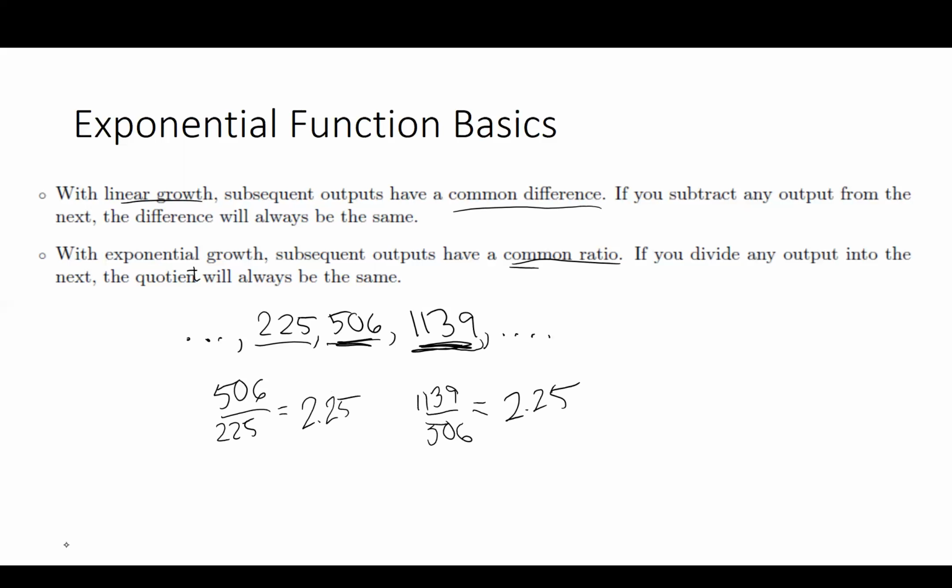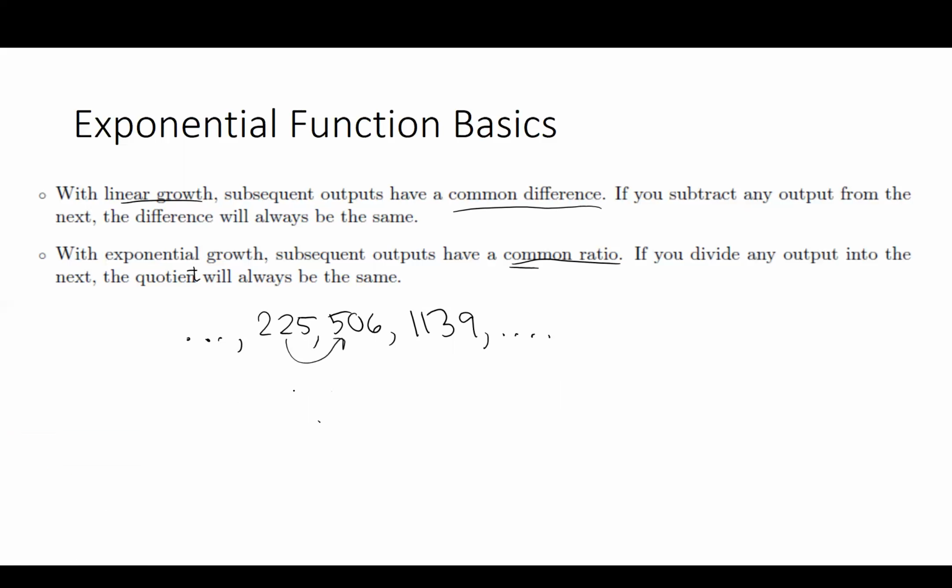So another way you could think about this, and the way that I tend to think about this, is common ratio. I mean, that's one way, but I don't find that to be the most intuitive way to approach it. What I'm saying is to get from this term to this term, I need to multiply by 2.25.